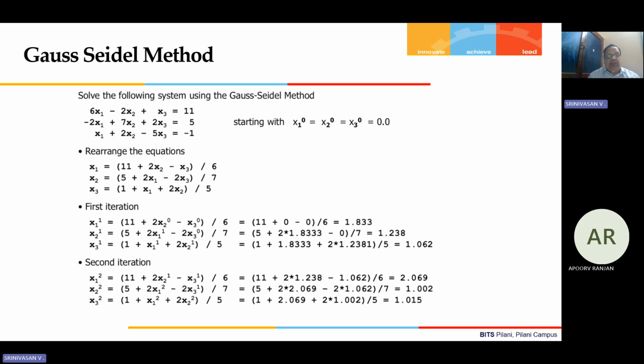For that, first you ensure that the coefficient matrix is, I just write, instead of writing in full, diagonally dominant.